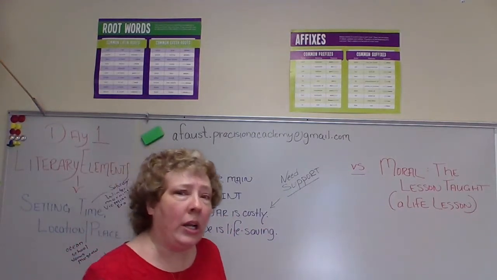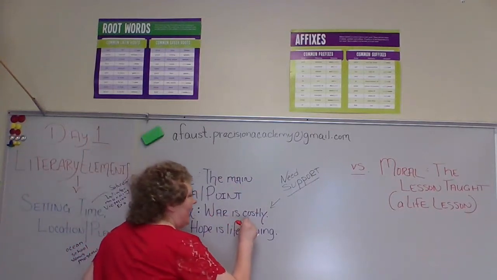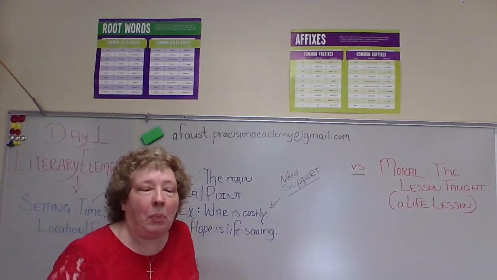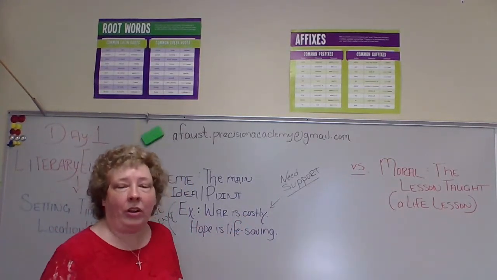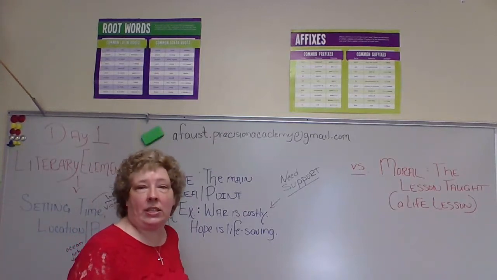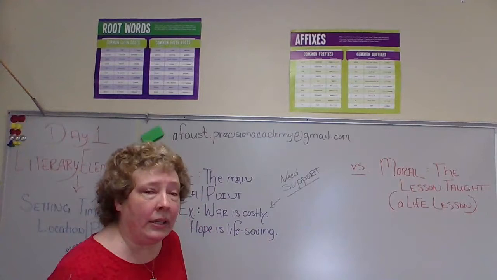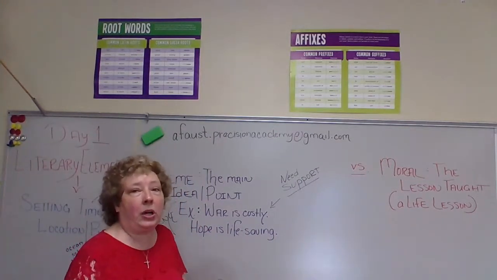Where's your support? Where did I find in that novel that it says war is costly? I mean, not war is costly in that sense, but it points to it. Where in your novel? Find the pages. Give me examples. If you can't find support, it's not the theme. Don't try to force the book to fit the theme.